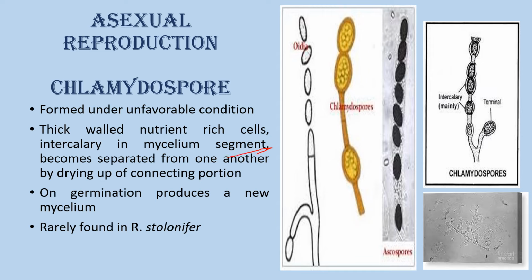Then we have the chlamydospores. This is how exactly the chlamydospores look, and this is the electron microscopic form of how the chlamydospores look. Unlike the sporangiospores, which are formed during favorable conditions, chlamydospores are mainly the perennating structure.